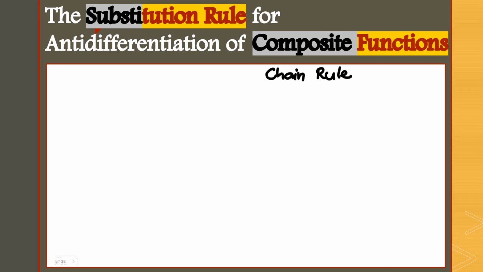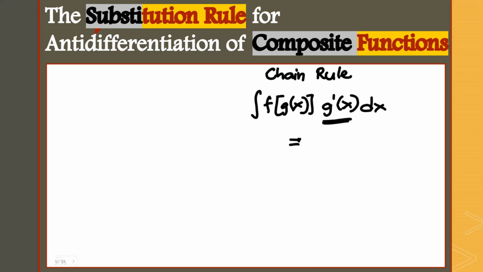The chain rule tells us that if we have the integral of a composite function of f and g, noting that we need to identify the g prime of x, or the derivative of the g function, in order for us to solve for its antiderivative, we need to look for this carefully. This is equal to the antiderivative of your outer function f plus c. That's our chain rule. We used this for the previous two examples, and we also have an illustration for this.